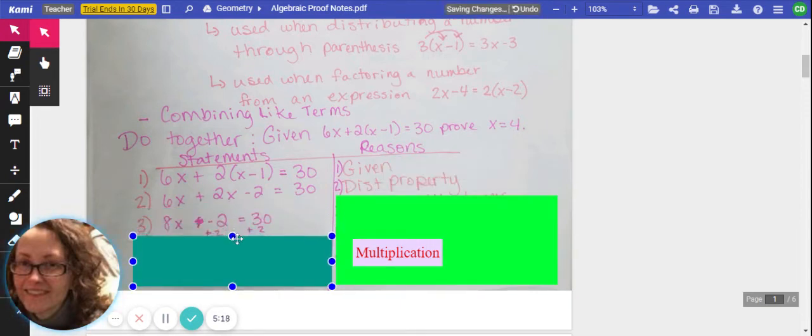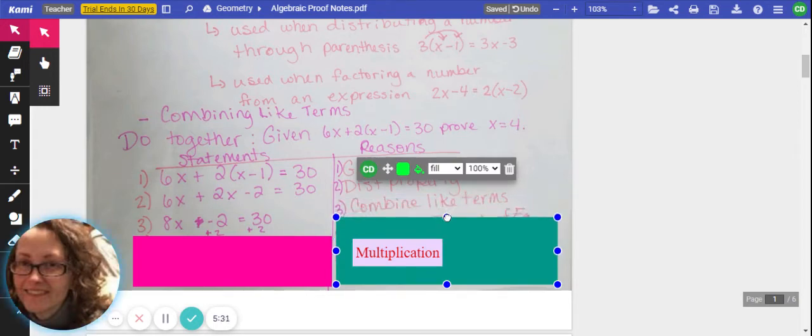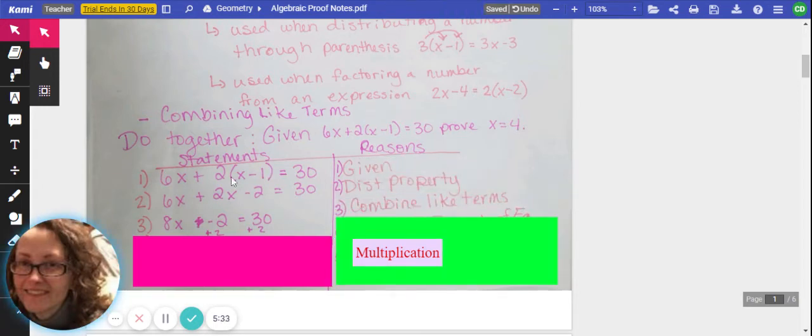And then I ended up combining like terms to get my 6x and my 2x to become 8x, so I put my reasoning as combining like terms. And then I added my 2 to both sides. I was basically moving my 2 from the left side to the right side to get all my constants together.